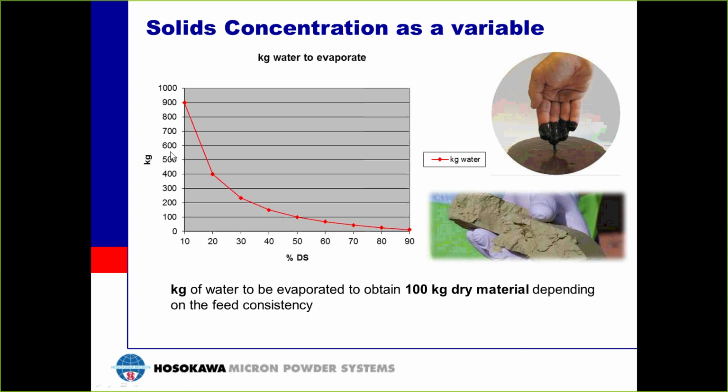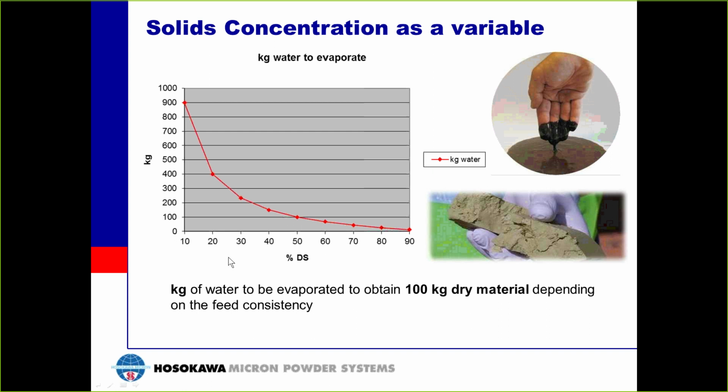So if you consider 10% solids, if your 10% solids are 100 kilograms of dry material, that's going to be coming into your system with 900 kilograms of water to evaporate, which is a lot of water, especially if you consider that water is not easy to evaporate.